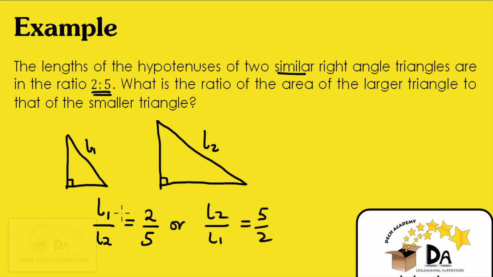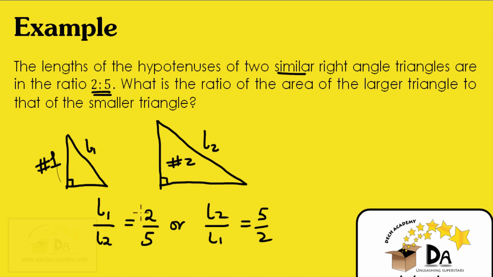How did I do that? Well, from my sketch, I'm specifying that triangle 1 is smaller than triangle 2. Therefore, if L1 over L2 is 2 over 5, that means that L1 refers to the smaller length and L2 refers to the larger length.